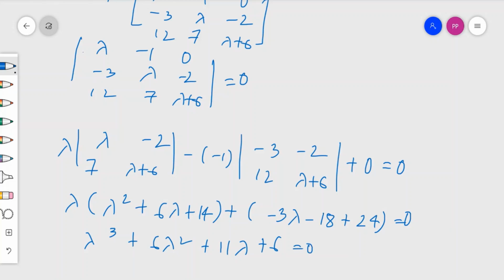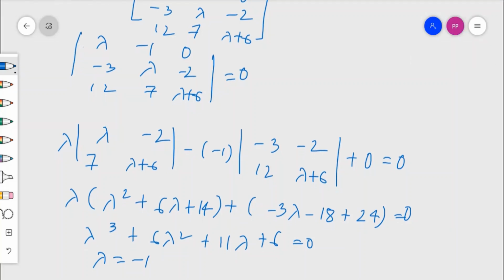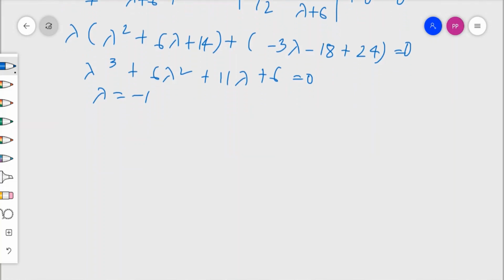Now is the time to factorize it. So we have to use the trial and error method if you are doing it manually. So you try lambda equals minus 1, whether this solves it or not. If lambda plus 1 is a root of this polynomial, then the remainder should be 0.